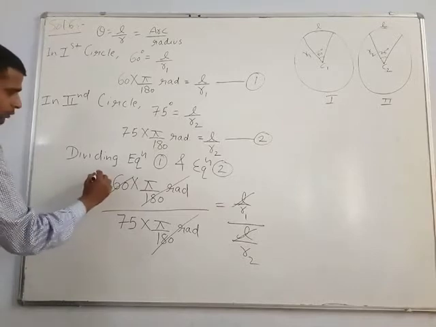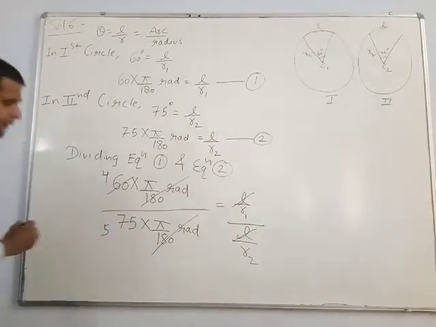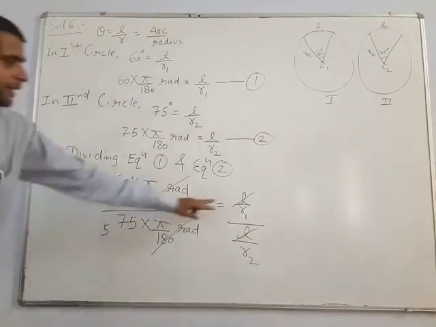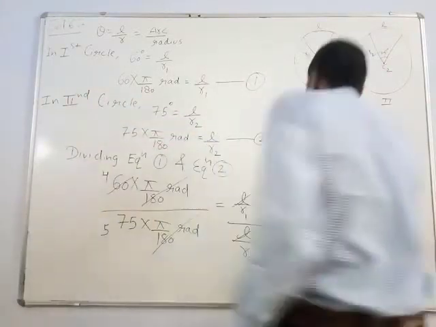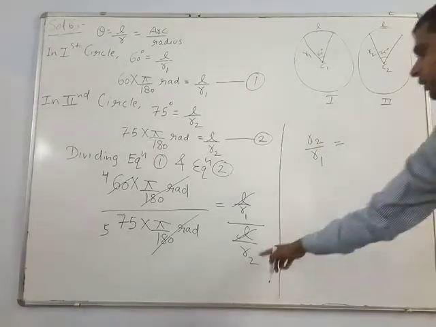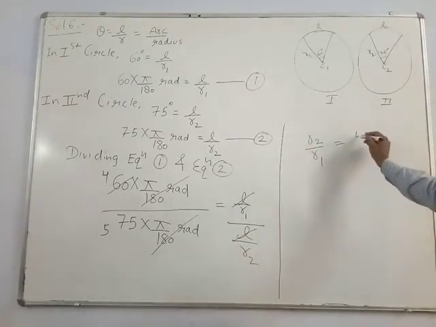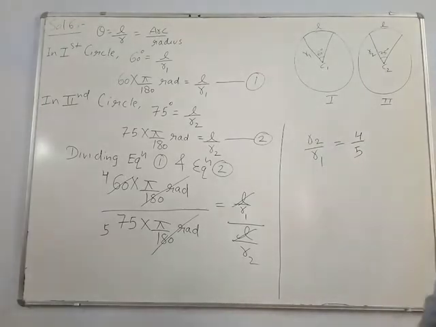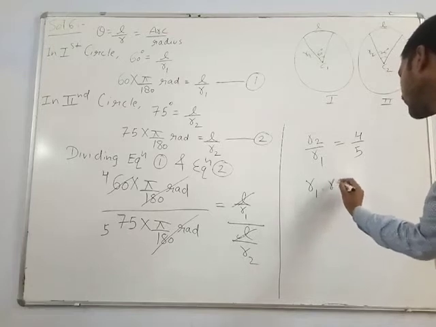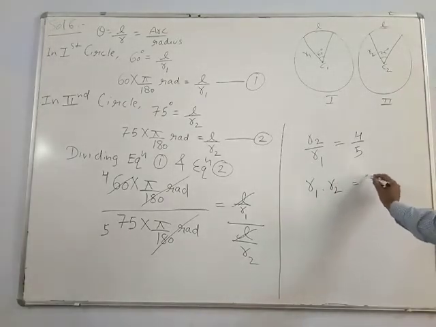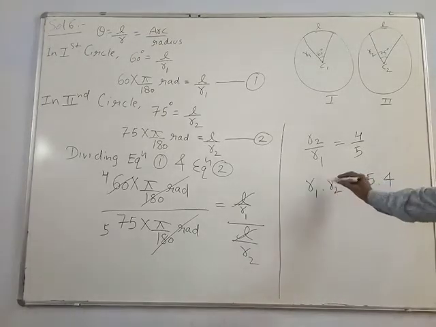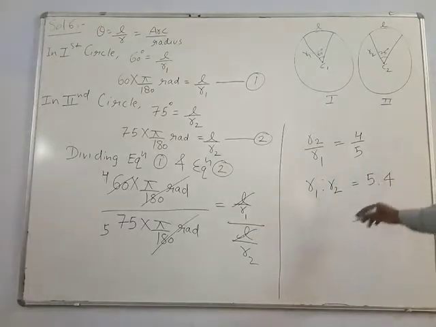Then 15 fours are 60, 15 fives are 75. So in the first part 4 comes, in the second part 5, and R2 upon R1 comes. So R2 upon R1 is 4 upon 5, right? So R1 divided by R2 equals 5 ratio 4. This is the ratio of R1 and R2, okay?